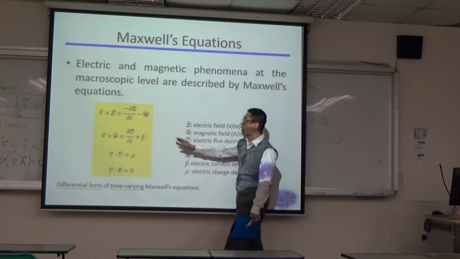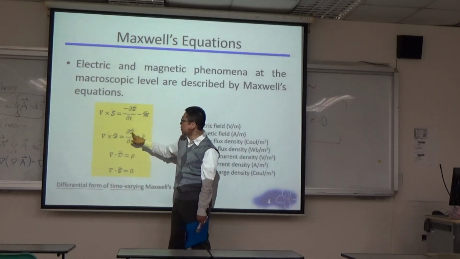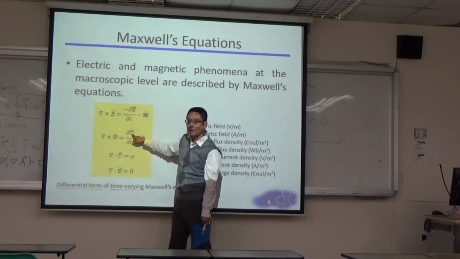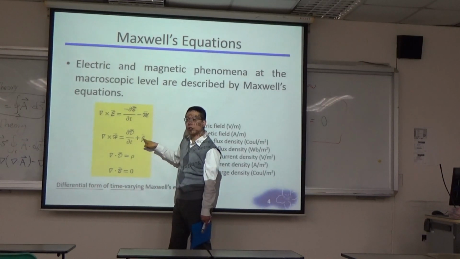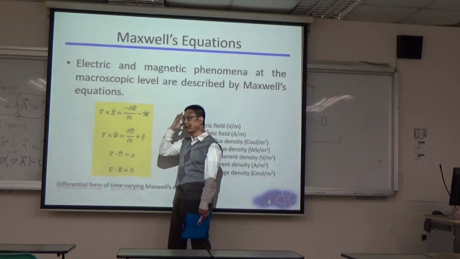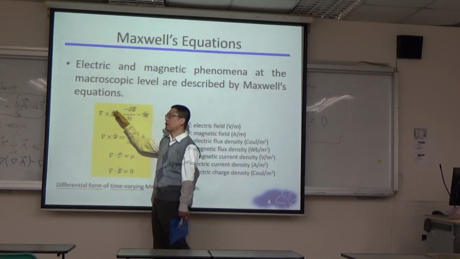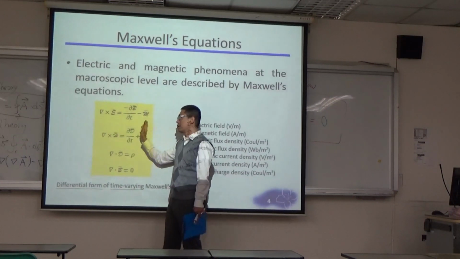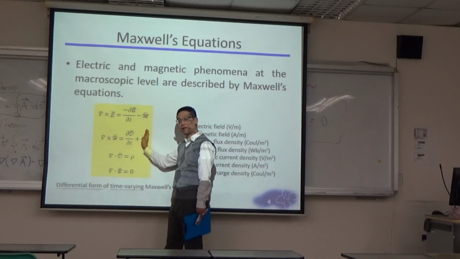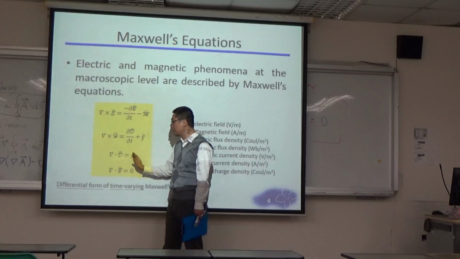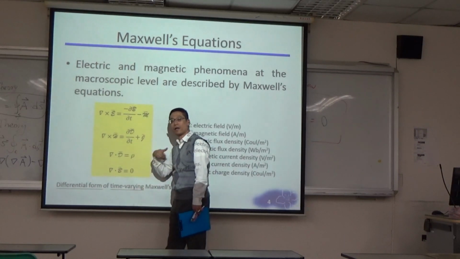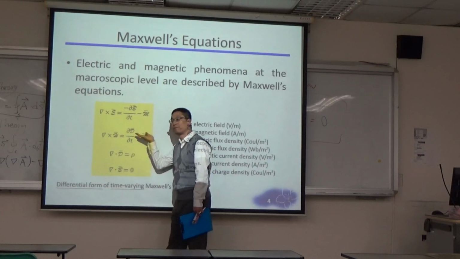So for this part, this is the electric flux density, the electric current density, okay? You can think like E, H, H, E, and then this is E, E, H, H. Think this way to remember that.